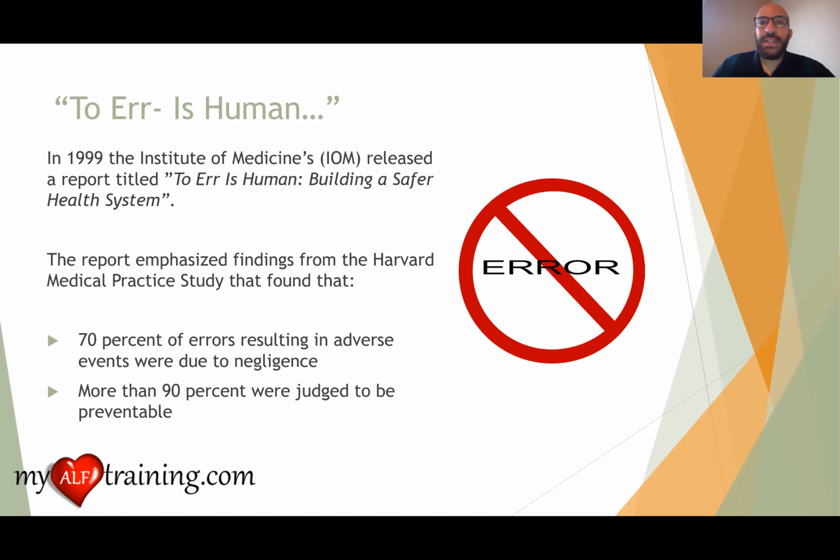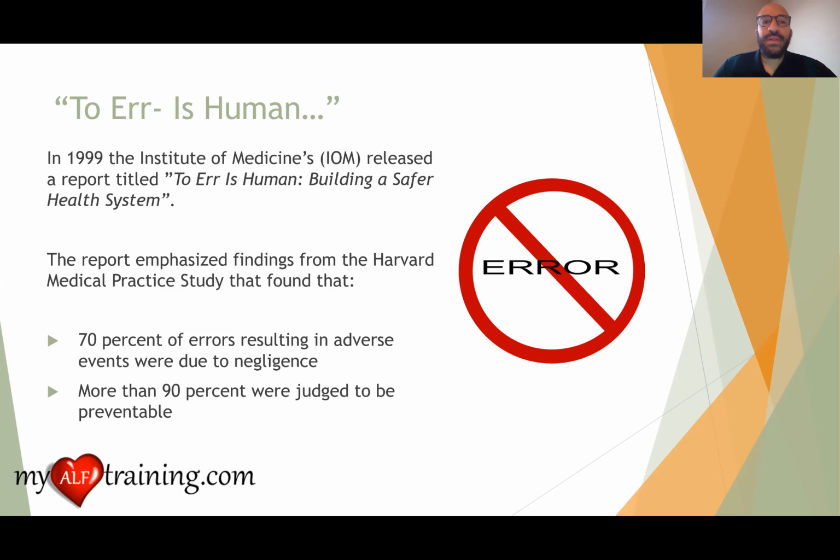The rest of the title is "Building a Safer Health System," because in 1999 it first really started to set in the minds of people in the healthcare profession, and researchers specifically, that the amount of deaths and instances of medication error was having a significant effect on the positive outcome of patients during their hospitalization or care by a medical professional.